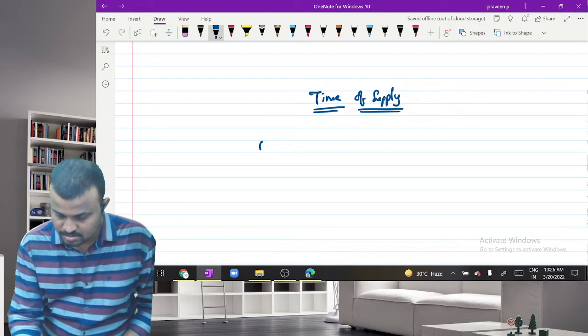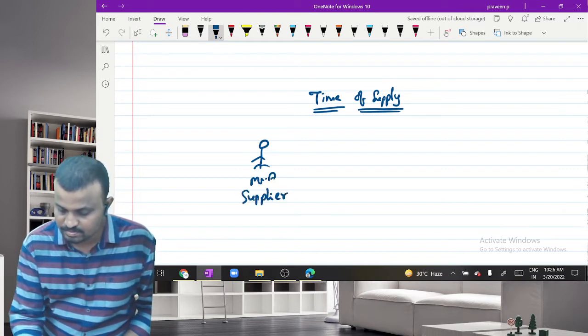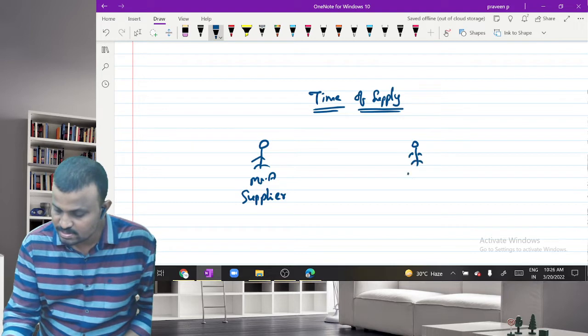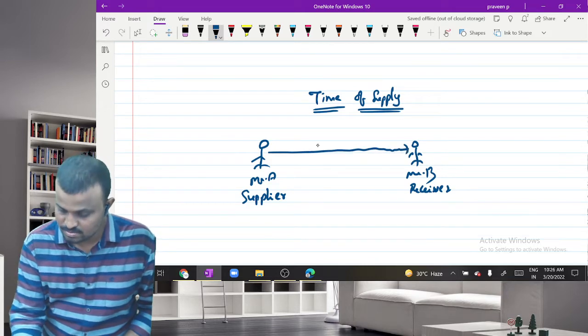For example, Mr. A is the supplier and Mr. B is the receiver, and he supplies the goods on 1/1/2022.